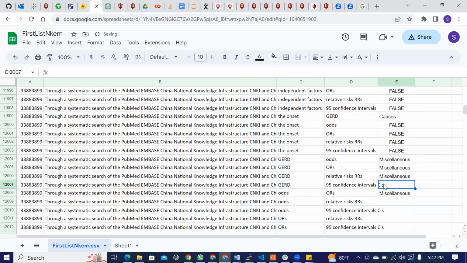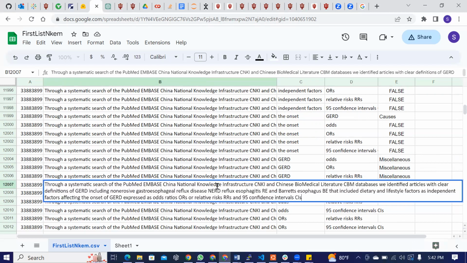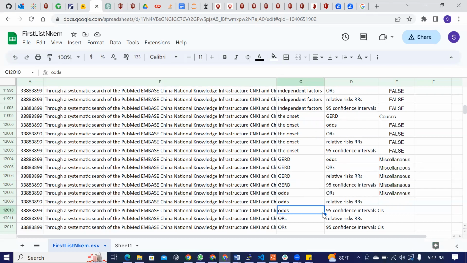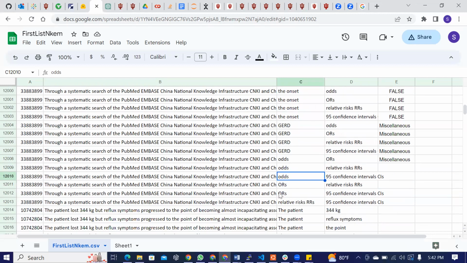These are things like GRD and 95% confidence intervals. So under what context are we talking about GRD? GRD expressed as 95% confidence interval, GRD expressed as this. Now, if we look at the rest, they are more or less false relationships. They don't really have relationships. So it's very good that we have that now.